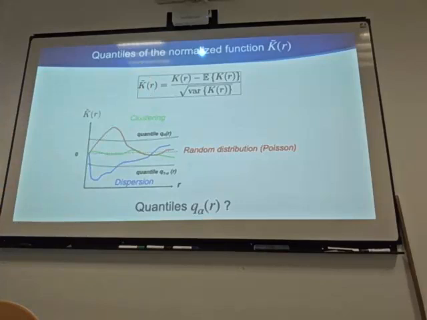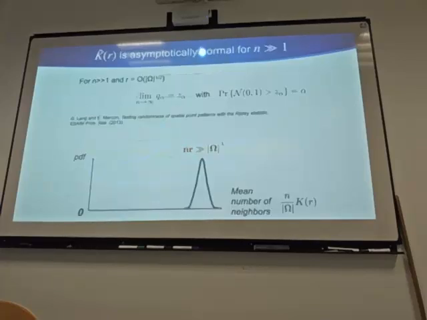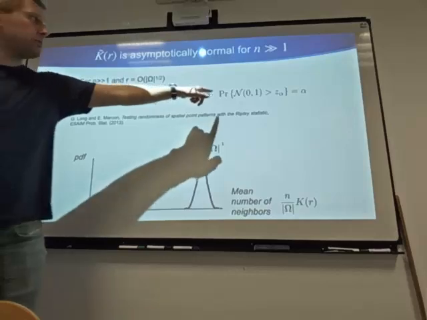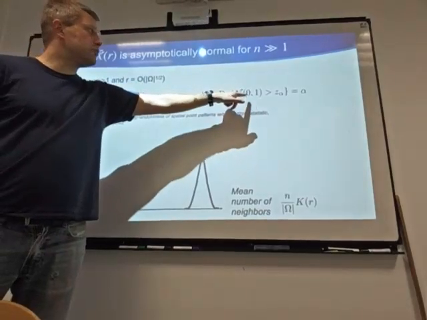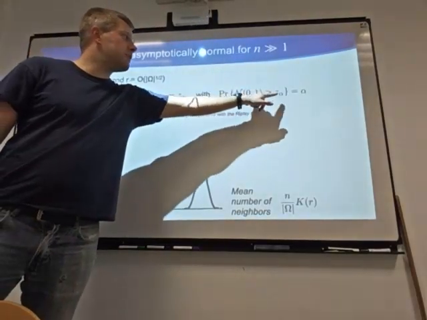And you can define the quantile. For this, you need to know the distribution of K. What people have shown is that when you have a sufficient number of points, it is a normal distribution. So the quantiles are just the quantiles of a normal distribution, meaning the probability that a normal variable is above z_alpha is equal to alpha.